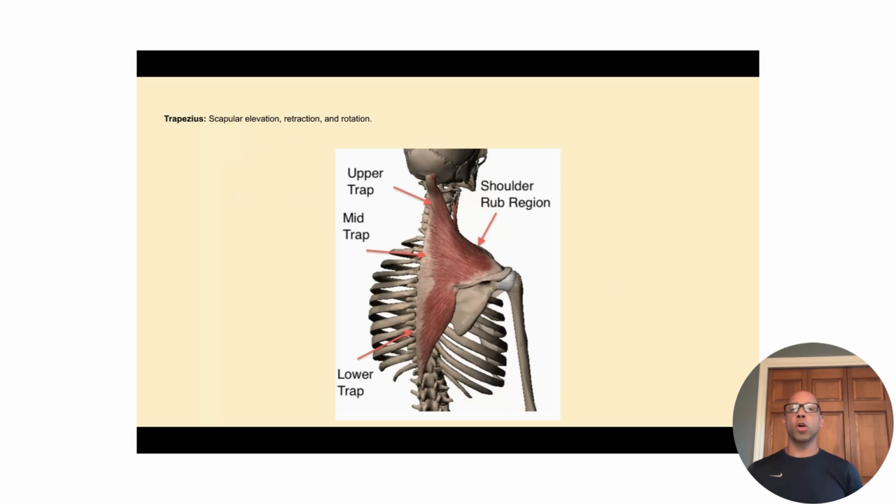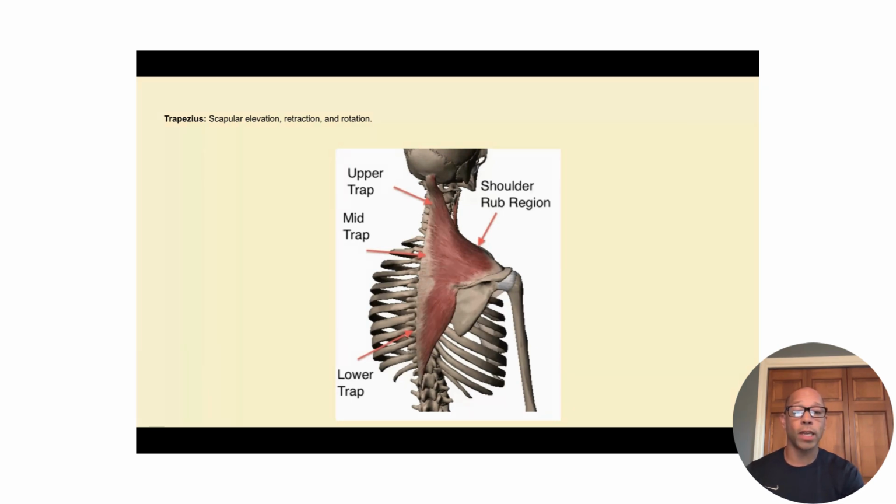Okay, so the first thing that it does is scapular elevation. So scapular elevation is basically just moving the scapula up. It's shifting the scapula up. So on the back of my shoulders here, the scap is moving up towards the top of my shoulder. It also does retraction. Okay, so the mid trap here, if this all tightens, it's going to pull the scap this way.